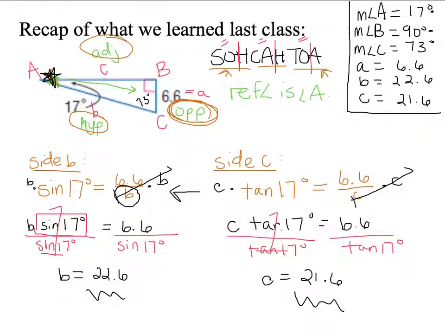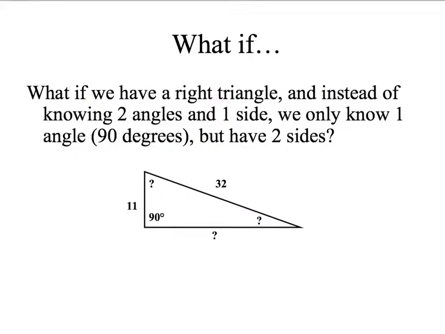Okay, so there's a review of what we did last class. Now let's go ahead and talk about what we're going to get for this class. Our last trick that we need in order to be able to do all the other problems on the worksheet that we skipped over. The difference between them is that on the last one, like we just saw, we knew two angles.